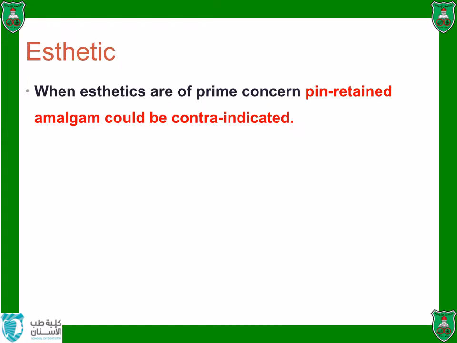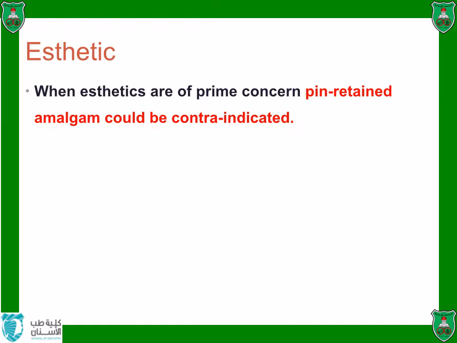This doesn't mean that we use amalgam in aesthetic restoration. However, we are speaking on, for example, posterior teeth like premolars. If part of this premolar, for example, shows when the patient smiles, we consider this an aesthetic problem.